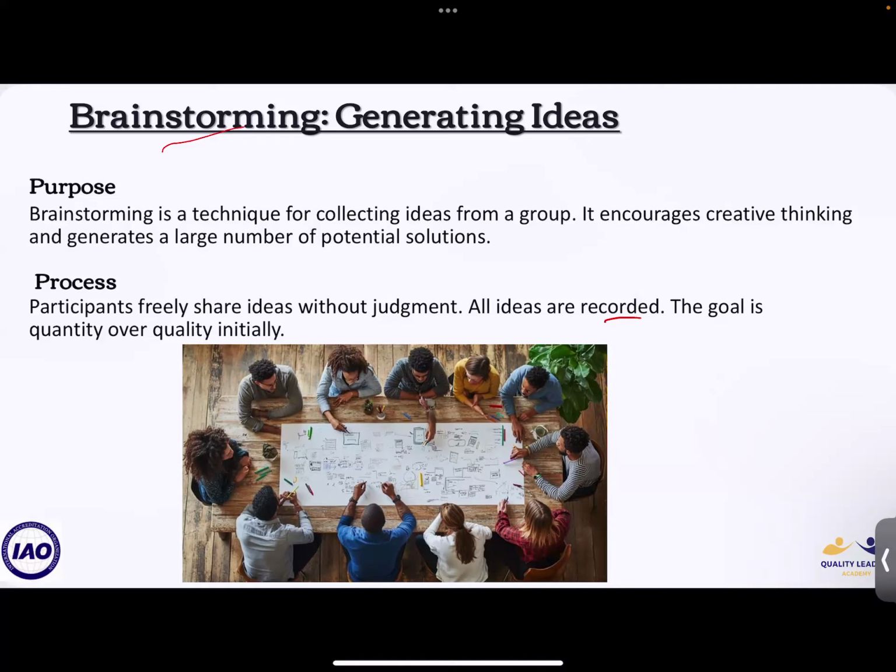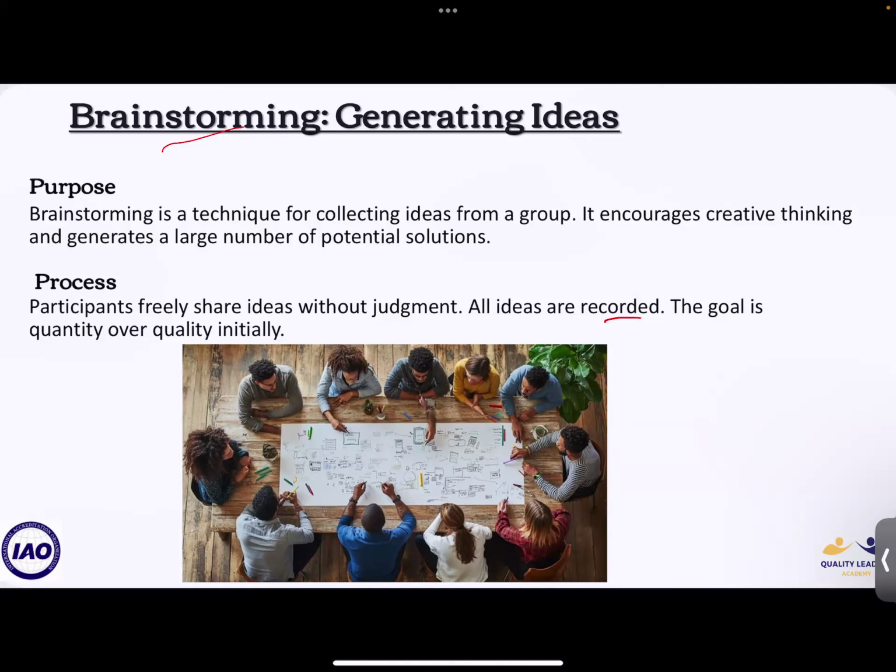I do not discuss the idea, nor do I sit and evaluate them, saying these ideas are bad and these ideas are good. Nor do I decide whether I will take these ideas or not. I focus on ensuring the first ideas are recorded. So my goal is quantity, not quality, to collect the highest number of ideas.